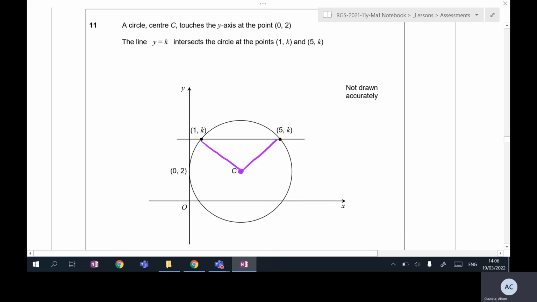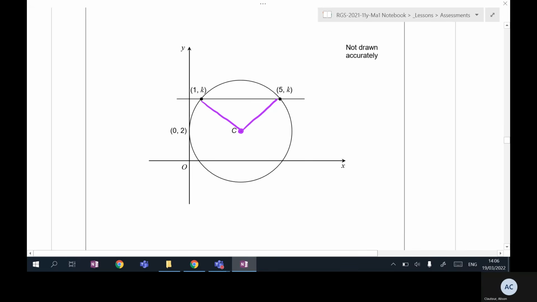So all these are going to be the same. Okay, so I can see that (0, 2) is going to be on the same level as my centre. So I don't know what the x coordinate is, but I do know that the y coordinate is 2. So it's going to be (x, 2).